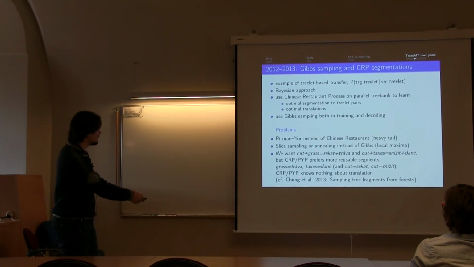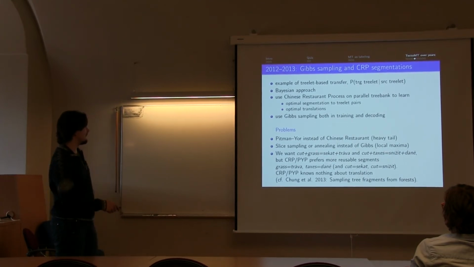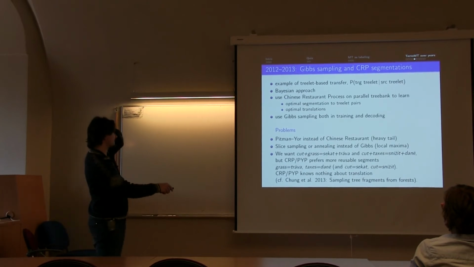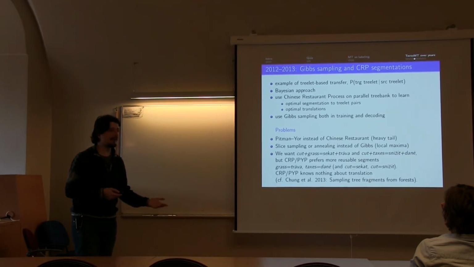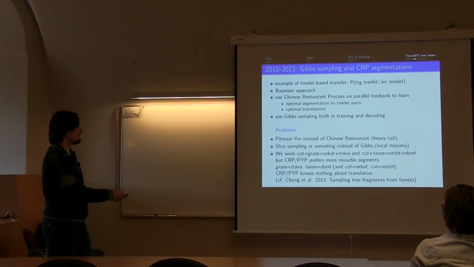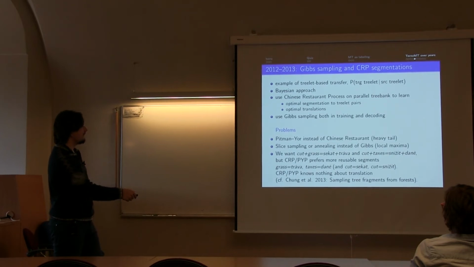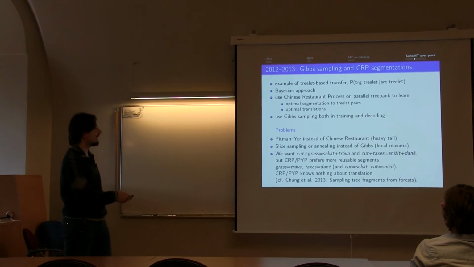But probably the biggest problem was this: when we want to translate cut grass or cut taxes, each time the cut should be translated with a different Czech verb, and it depends on the object, whether it's grass or taxes. So I would like to have this as a treelet pair, cut grass and sekat trávu.